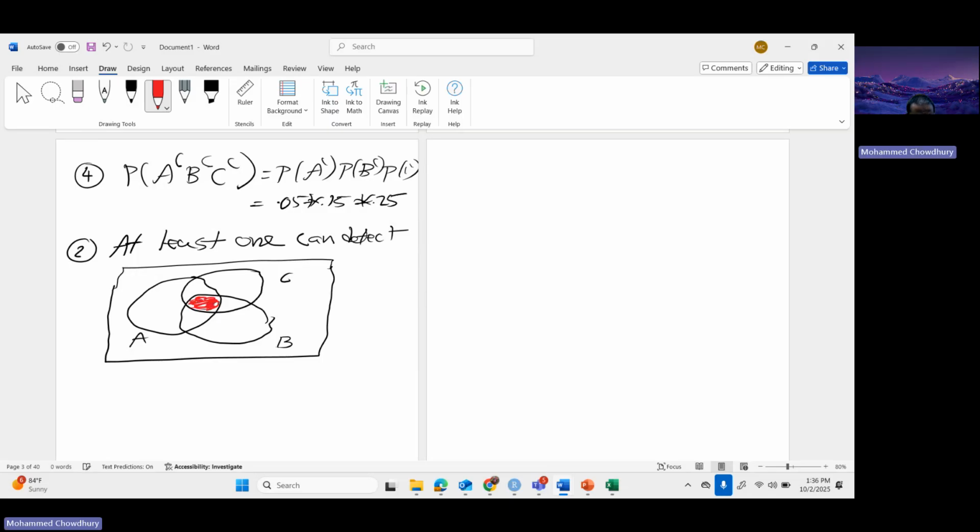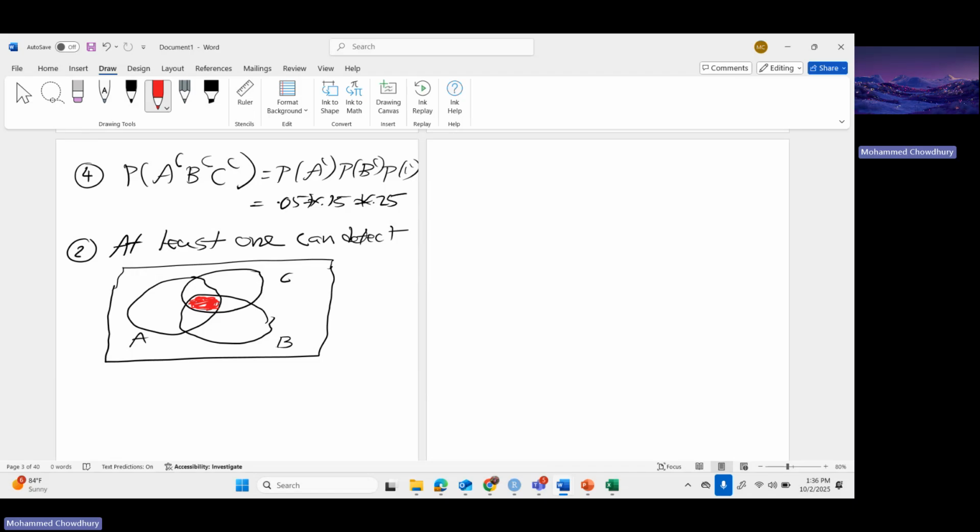This is the part which could be detected by all A, B, and C, right? This red area is shared by A, B, and C, right? So that means all three can detect, right?